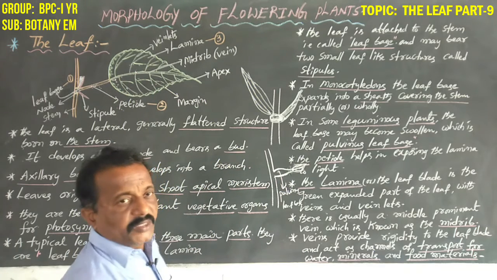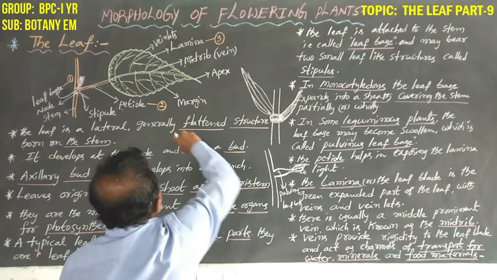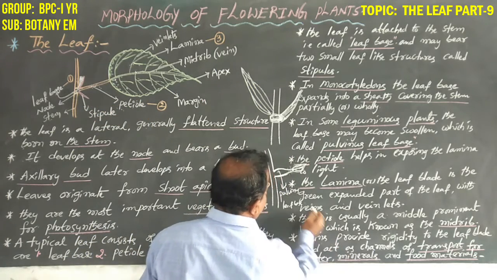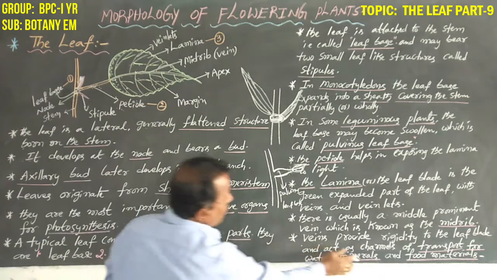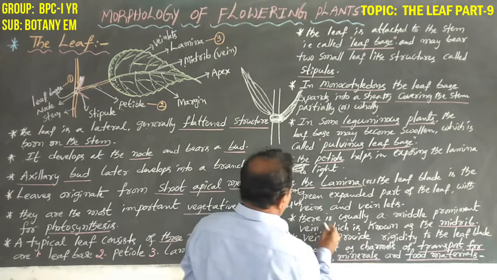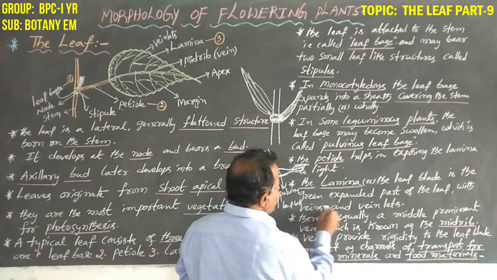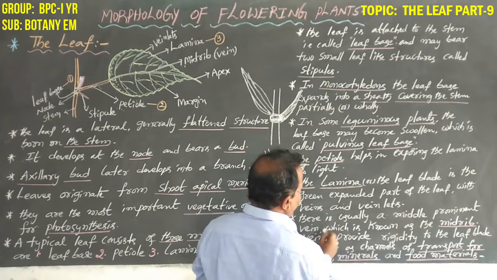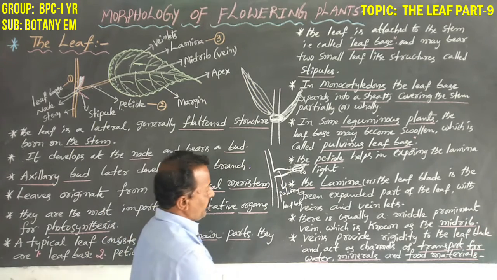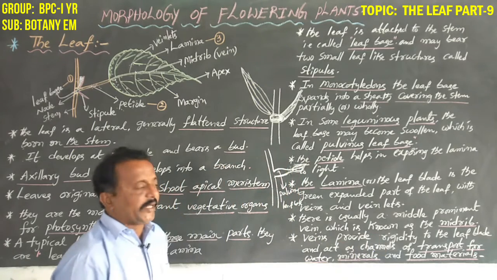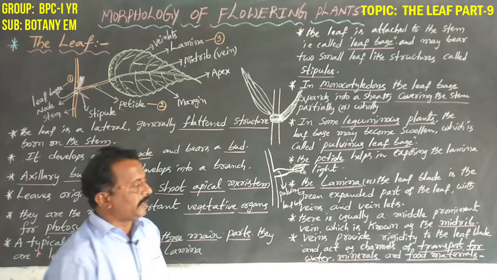What is the use of the midrib or veins? The veins provide rigidity and flexibility to the leaf blade and act as channels of transport for water, minerals and food materials. Midrib and vein are similar words.